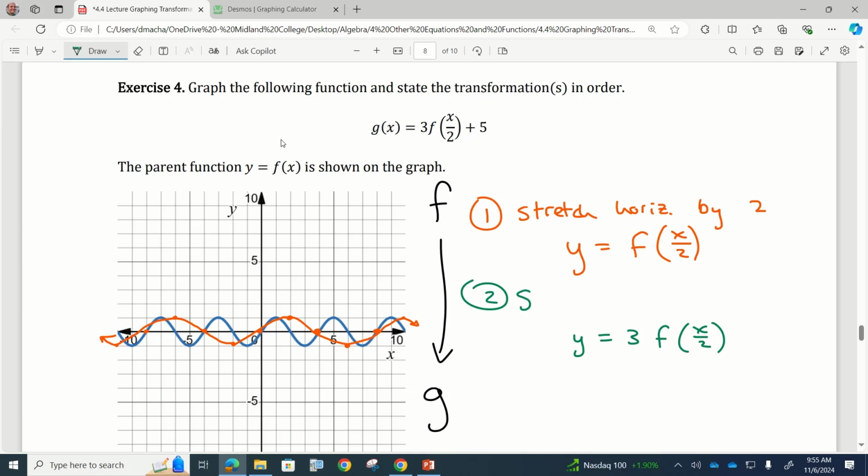Yep, it's going to stretch vertically by a factor of 3. That means every point along this orange curve is about to get 3 times as far away from the x-axis.